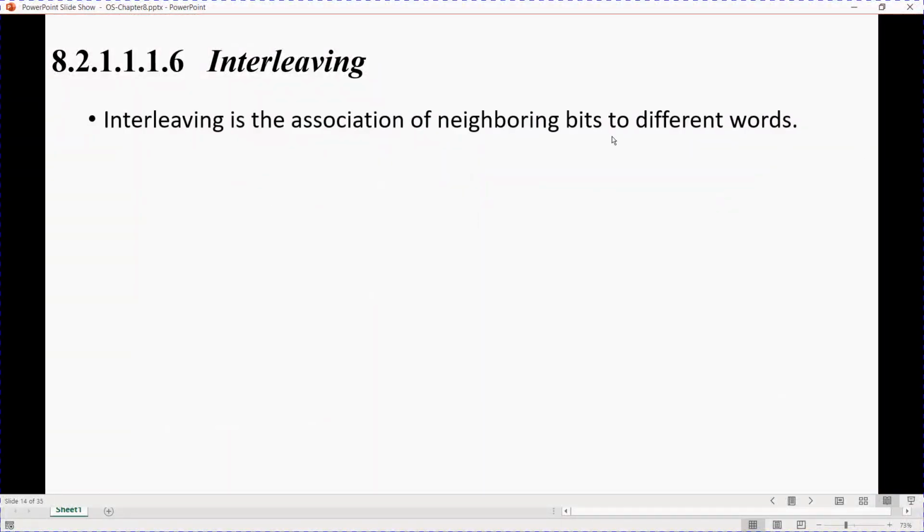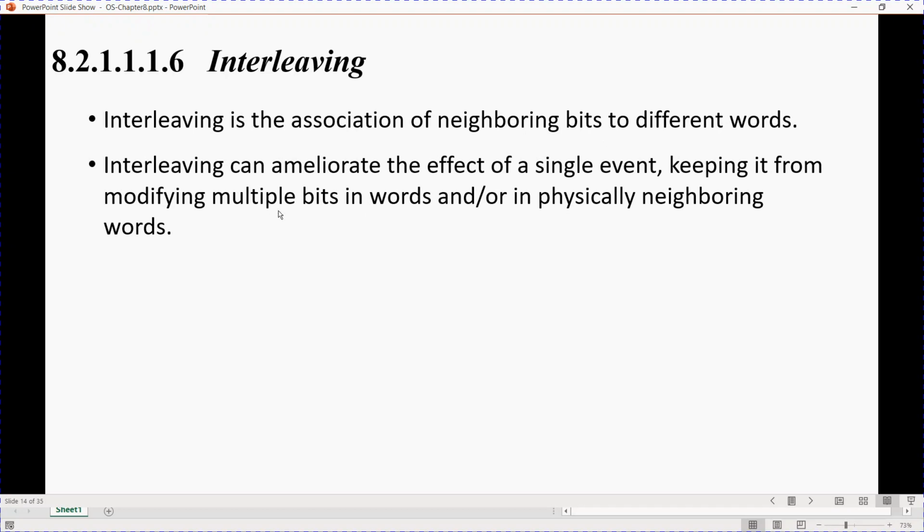Interleaving is the association of neighboring bits physically close to each other, using them in different words. The idea is that events that cause errors are more likely to affect bits that are physically close to each other.